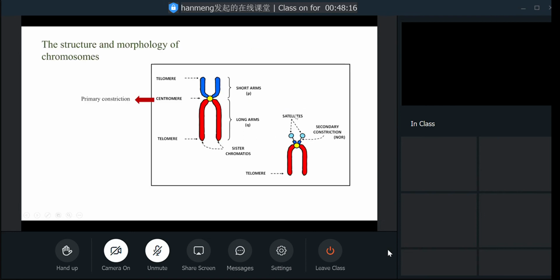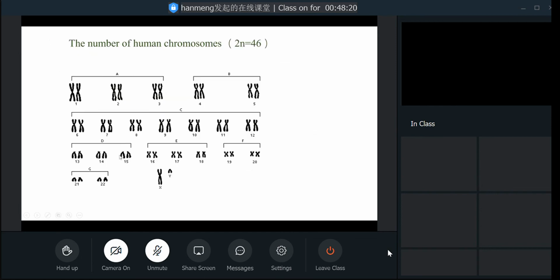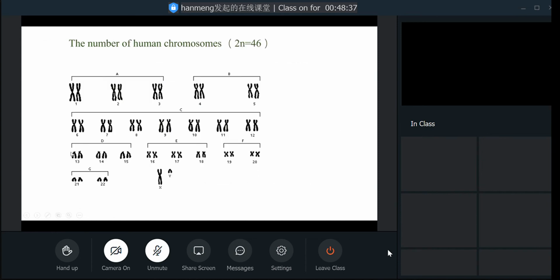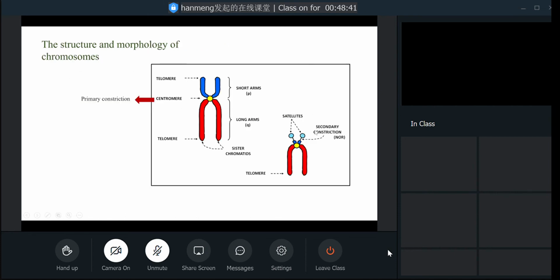Here is a satellite chromosome. Here is the D group: the 13, 14, and 15, and the 21 and 22 chromosomes have the satellites. So 5 chromosomes in human beings have the satellites and a secondary constriction named the NOR.